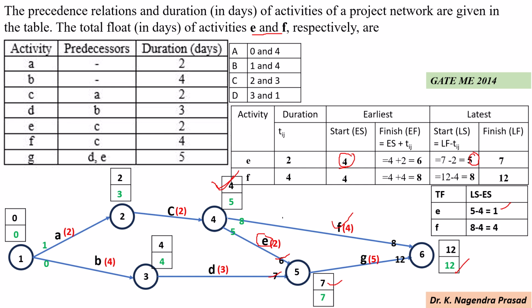Similarly for activity F, the latest start time is 8 and the earliest start time is 4. So total float equals 8 minus 4 equals 4. So the total float for activities E and F is 1 and 4. So option B is the correct answer.